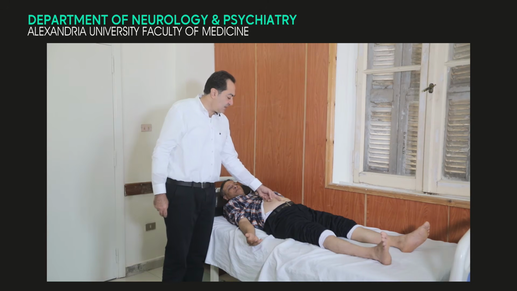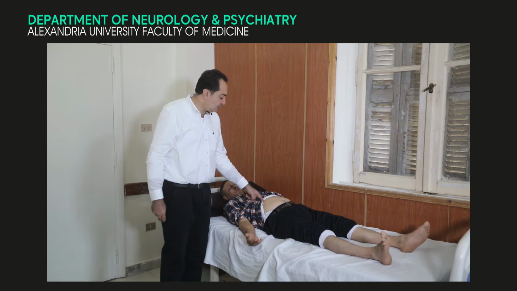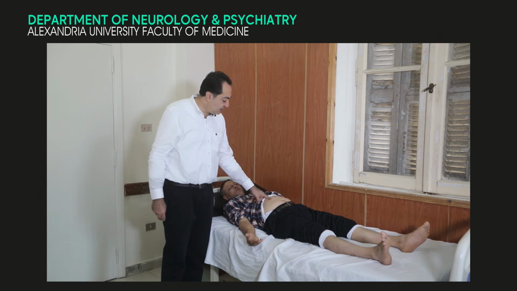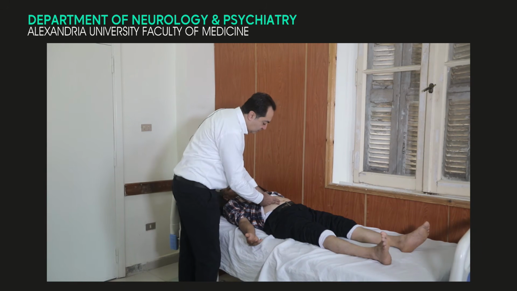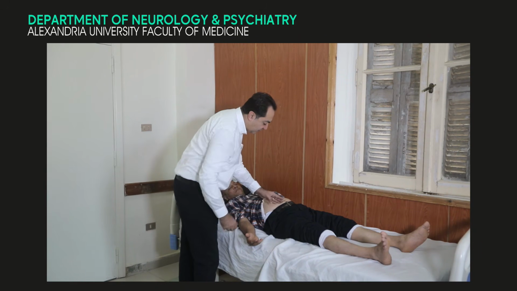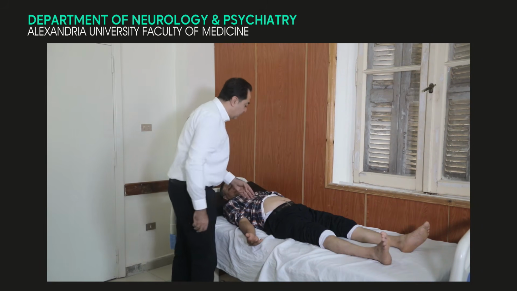Dorsal 10 is at the umbilicus, dorsal 7 is at the lower costal margin, so D7 is here, D8, 9 are here, D10 is here, L1 is here, so dorsal 11 and 12 are above the inguinal ligament, below is L1.